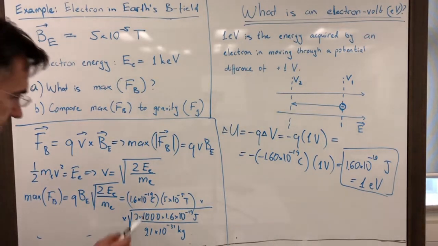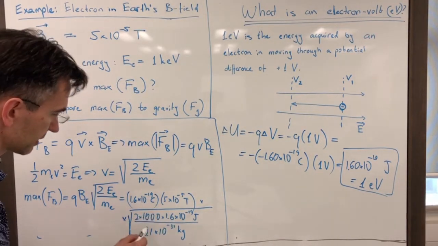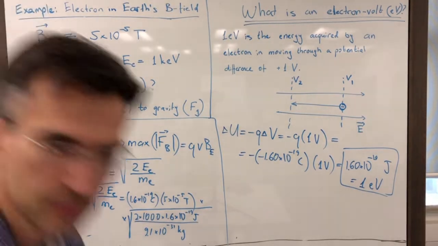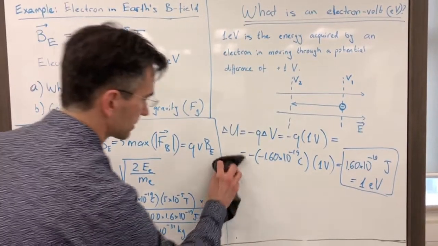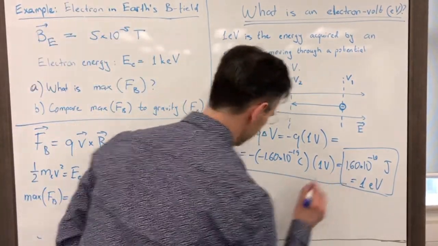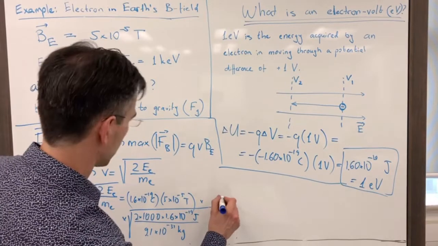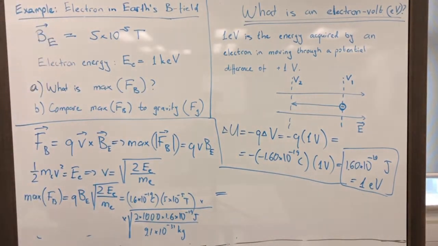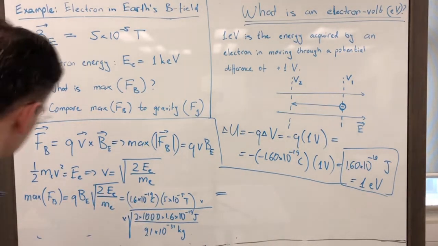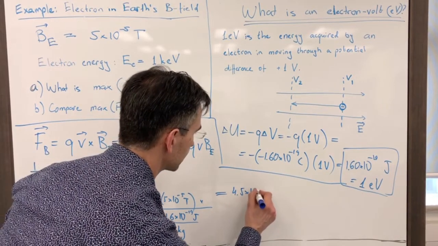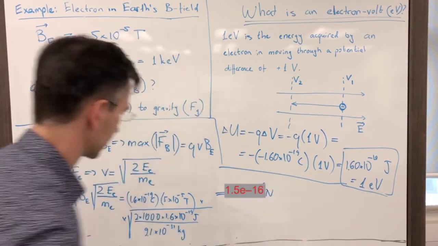All right, so this is this times this times this. There's no division happening. So the maximum magnetic force, after all these numbers are taken into account, I have calculated to be 4.5 times 10 to the minus 6 newtons.